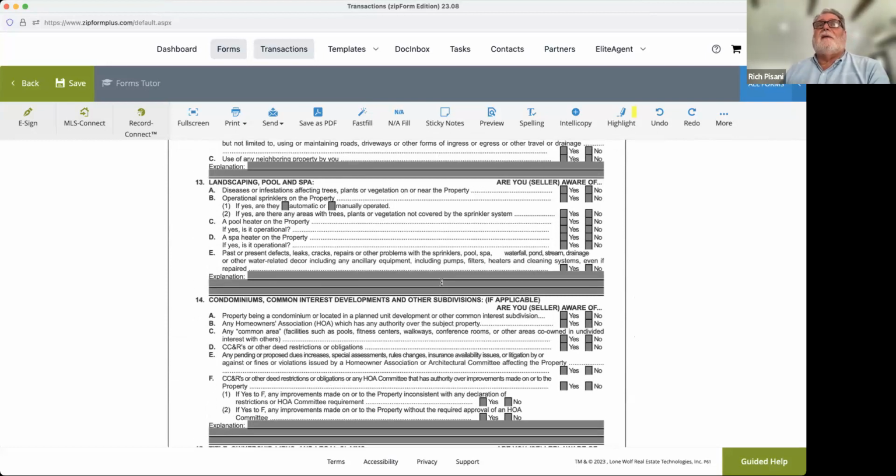I sold a property, and I work with a greyhound adoption. We bring greyhounds up from Mexico, and I sold our president's house in Pasadena. That house has had like 15 dogs through it at any given time.